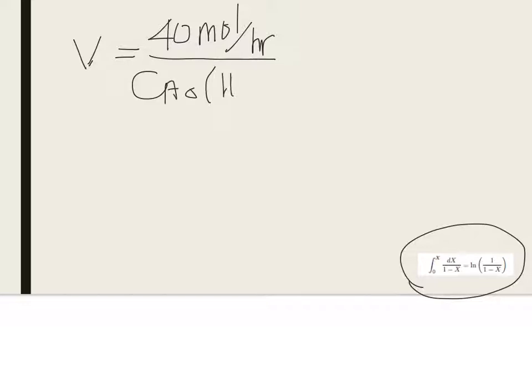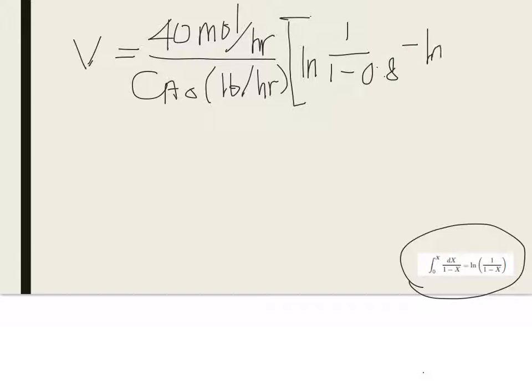K is 16 per hour, and then ln of 1 over 1 minus 0.8 minus ln of 1 over 1 minus 0. When you solve this, you will get the volume in terms of, if I'm not mistaken, meter cube. Alright.